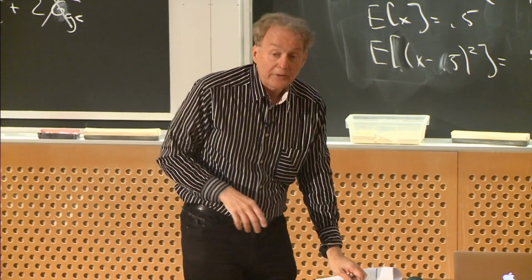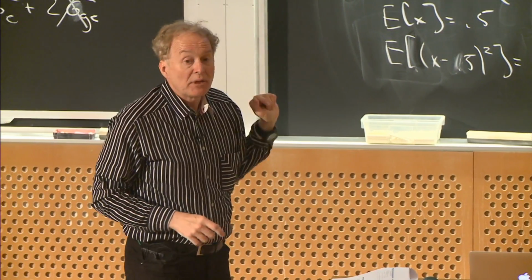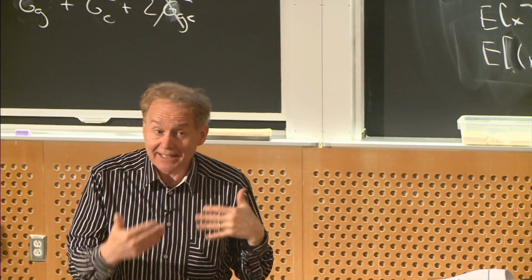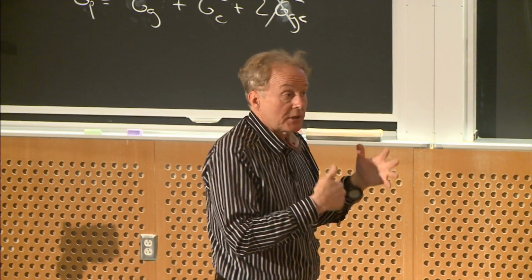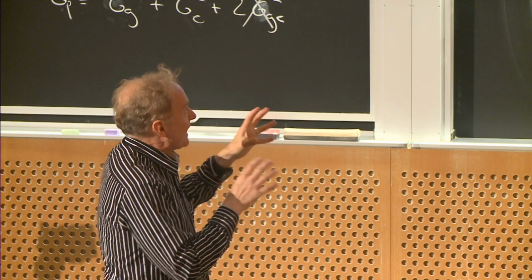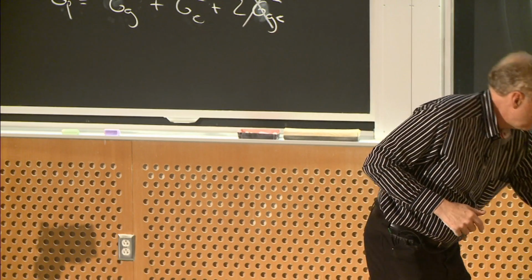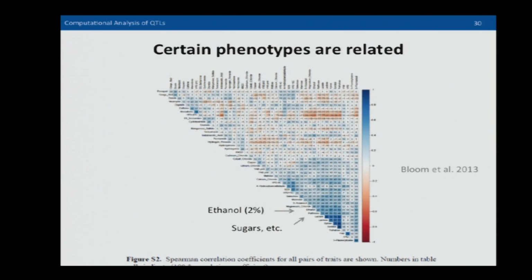Now, one fair question is, of these different conditions, how many of them were really independent? And so to analyze that, they looked at the correlation between growth rates across conditions to try and figure out whether or not they actually had 46 different traits they were measuring. So this is a correlation matrix that is too small to read on the screen.